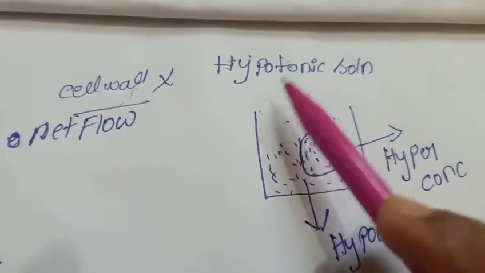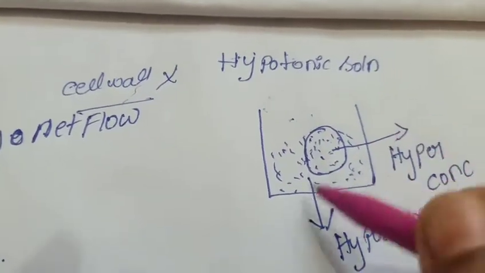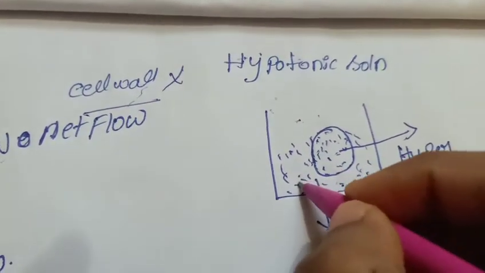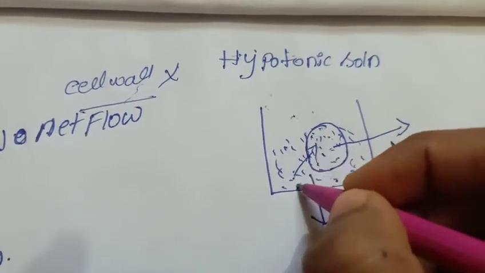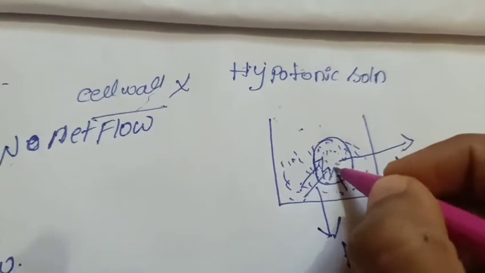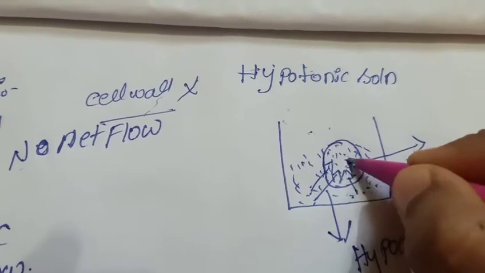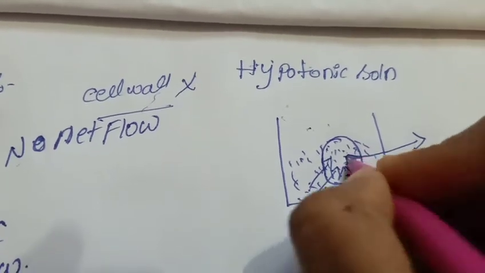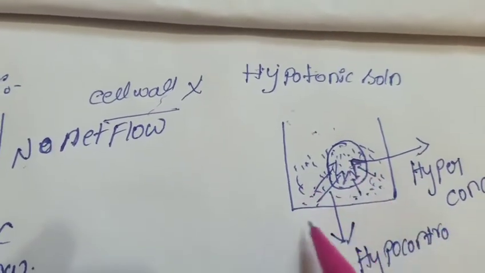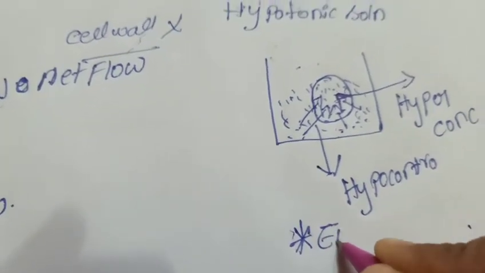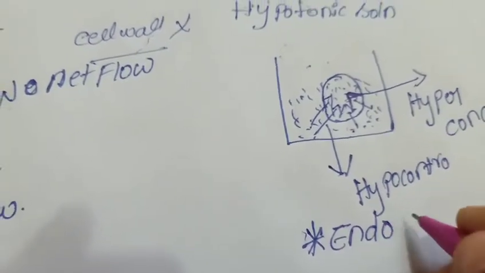But here, the molecules from the hypoconcentration outside the cell will enter the cell, where there is a higher concentration. This process is known as endoosmosis.